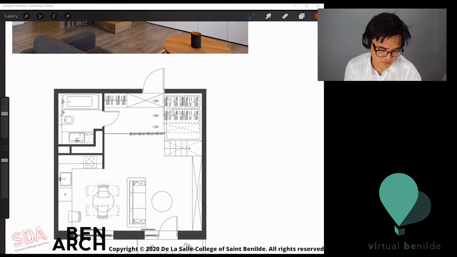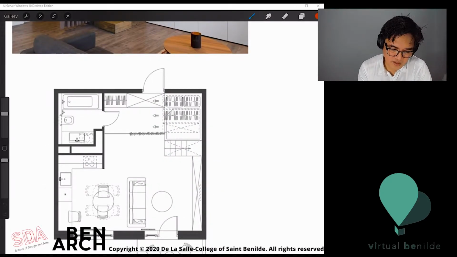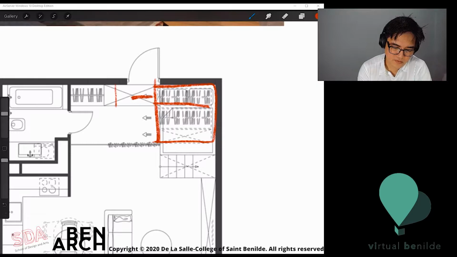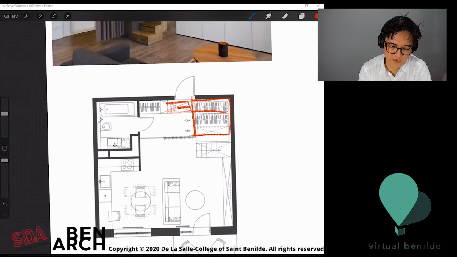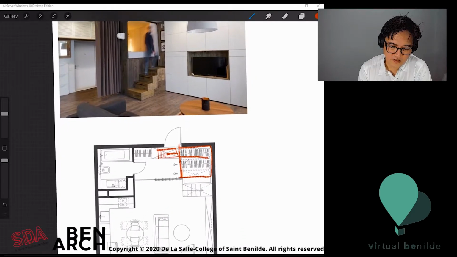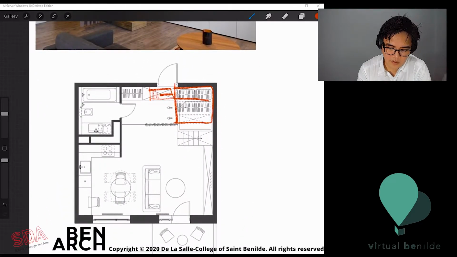Another example that's kind of interesting is the closet space for clothes. The clothes storage is a pull-out, so it comes out to here. You could pick up the clothes just by pulling it out like that, and it's presented as such. And on the upper part of this storage is the placement of the bed.